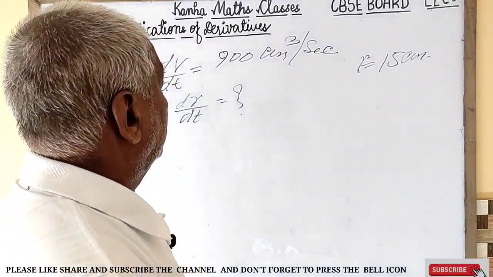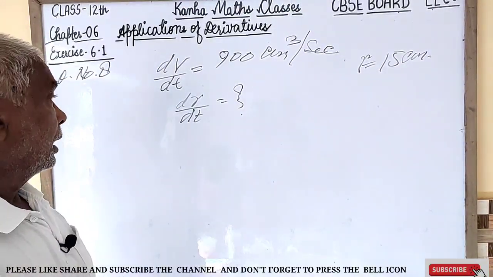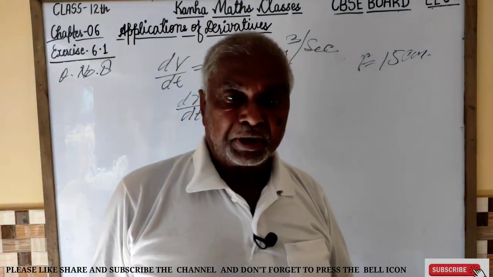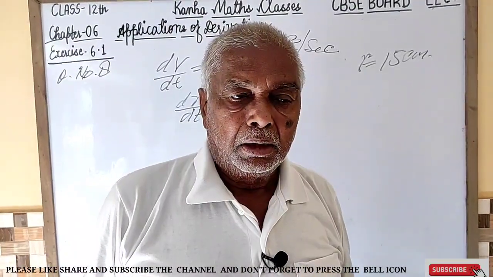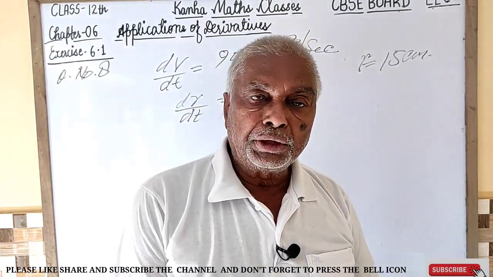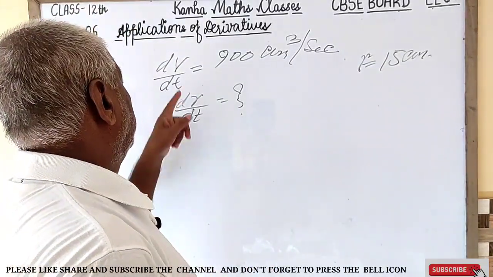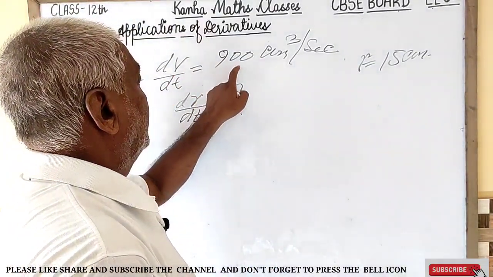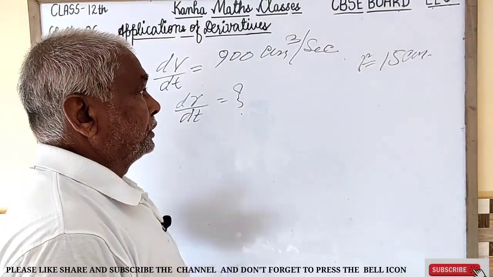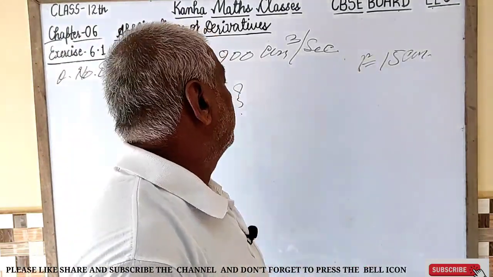Here in this connection we will try to get a unique solution of question number 8: a spherical balloon is being pressurized by a pressure pump, and the rate of increase of volume of the spherical balloon, dV/dt, is equal to 900 centimeter cube per second, while the radius r is equal to 15 centimeter.